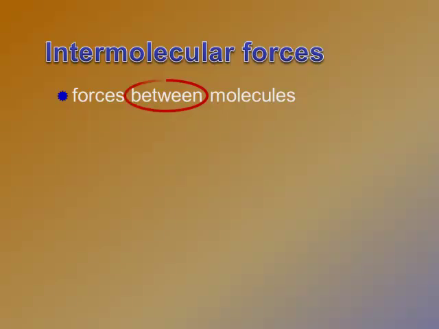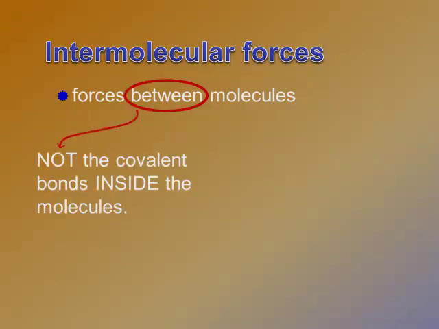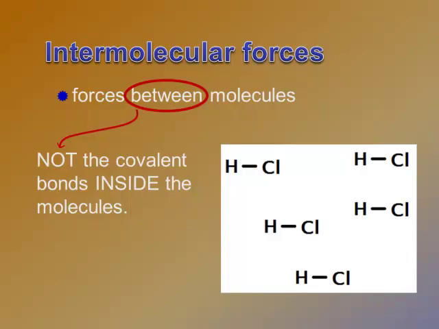Intermolecular forces exist between molecules. These are attractions between one molecule and another, not the covalent bonds inside an individual molecule. For example, we're not talking about the covalent bond between a hydrogen atom and a chlorine atom. That's inside the molecule.